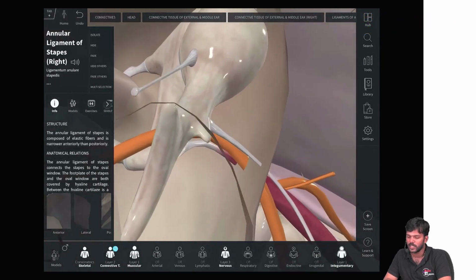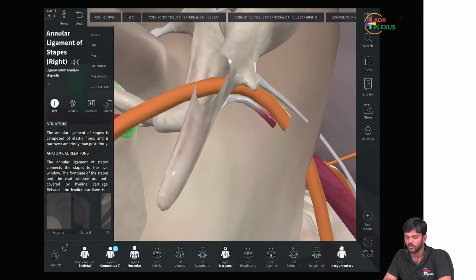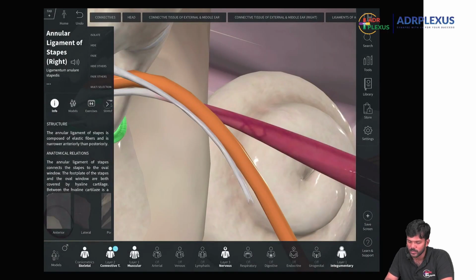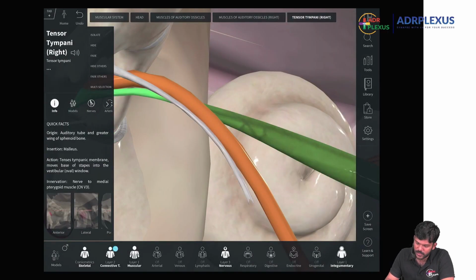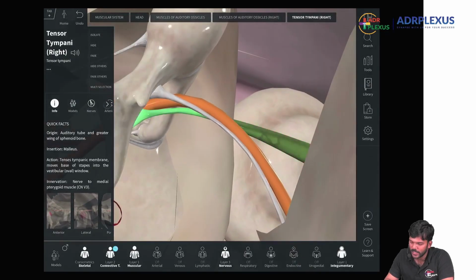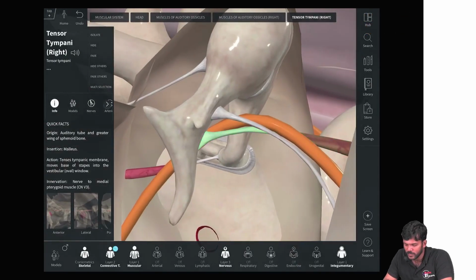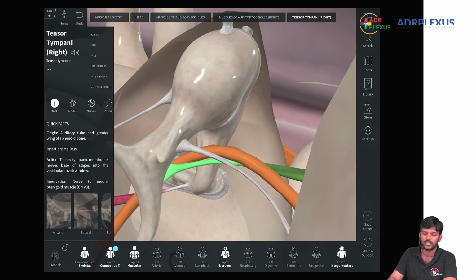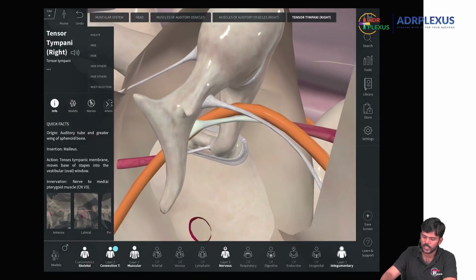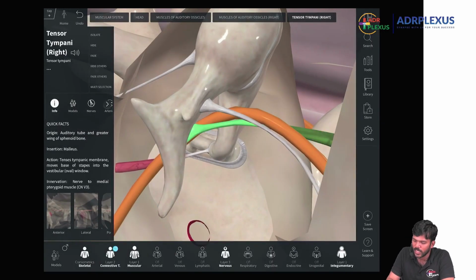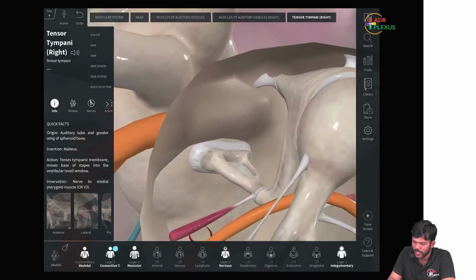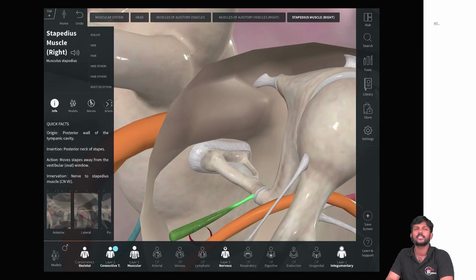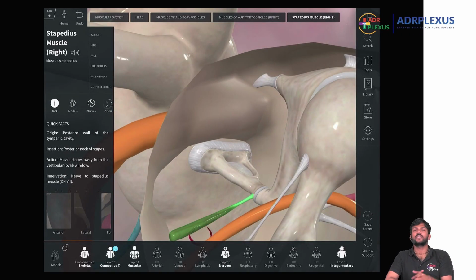Okay, these ossicles will be having two muscles. One muscle is tensor tympani muscle coming from the anterior wall attaching to the malleus. Can you see the attachment of tensor tympani? This is the attachment of tensor tympani tendon to the neck of the malleus. Another tendon, this is stapedial tendon attaching to the neck of stapes.